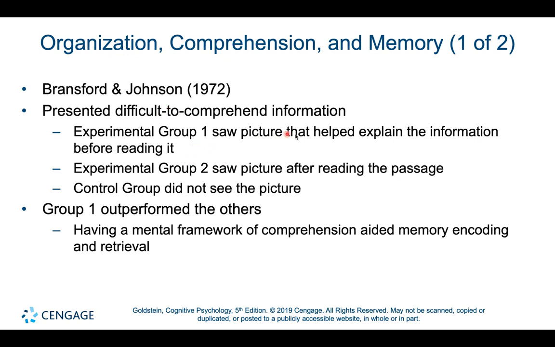Group one was given an image, a picture that helped explain that information prior to reading the information. So they saw a visual of this sort of weird, quirky, funky situation. Group two saw the picture after reading the passage, and group three never saw a picture.